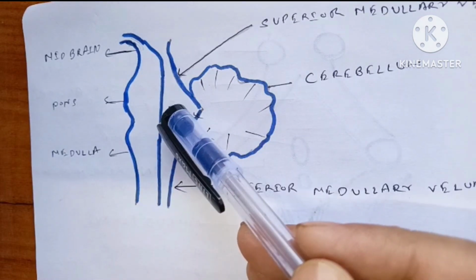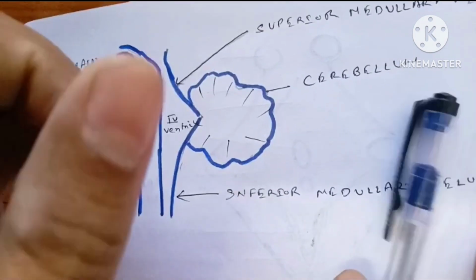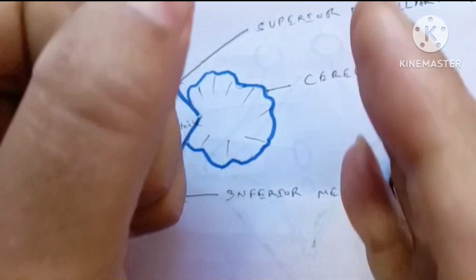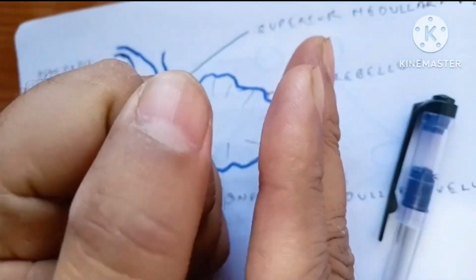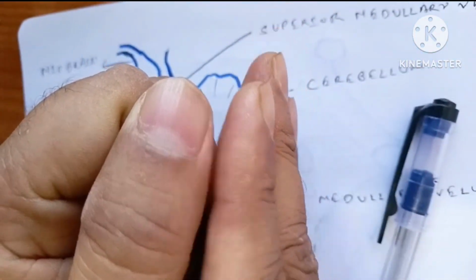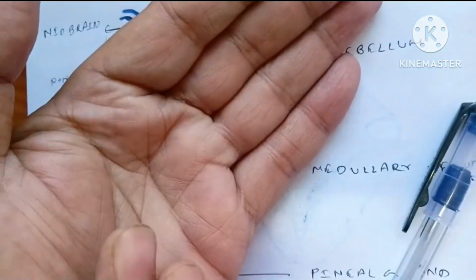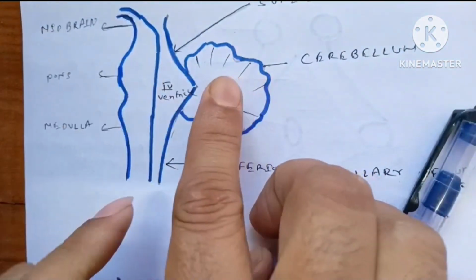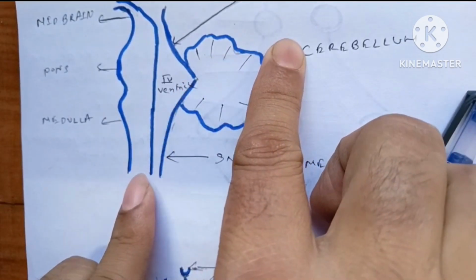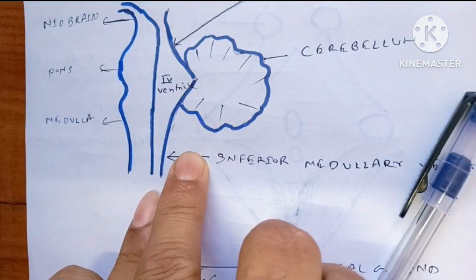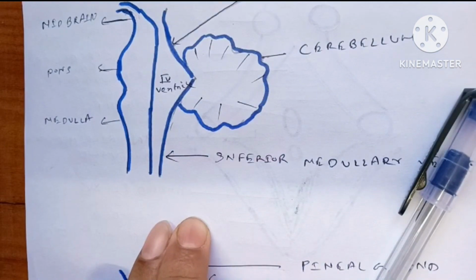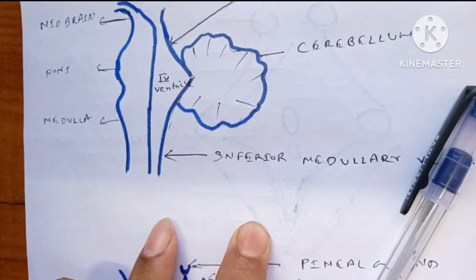Suppose this is the pons, this is the medulla, and here is the cerebellum. We take the sagittal section, and the floor of the fourth ventricle can be seen easily after removing the cerebellum.